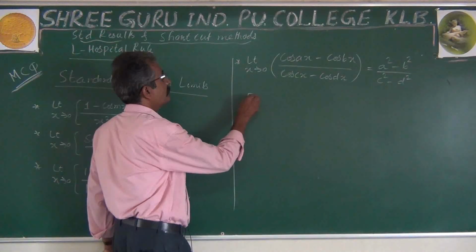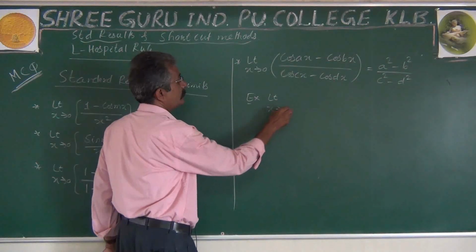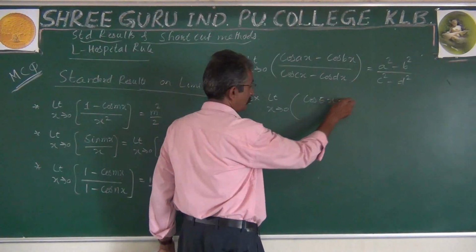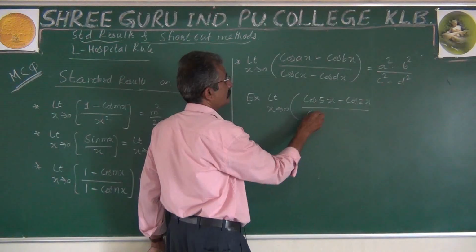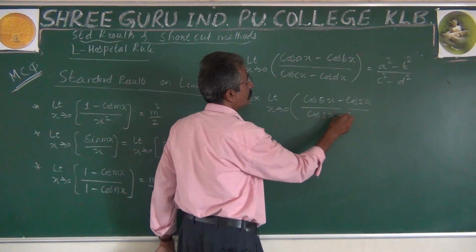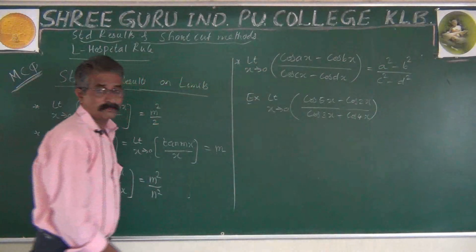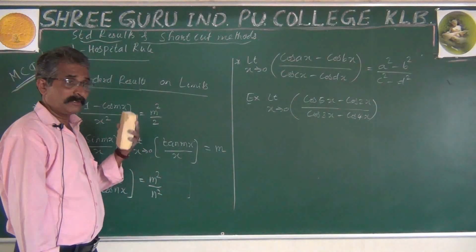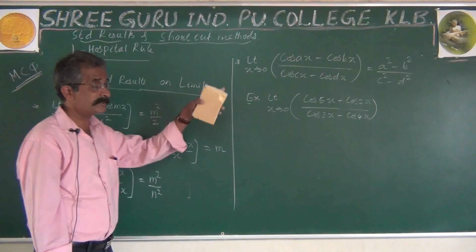For example, suppose you want to find the limit x tending to 0, cos 5x minus cos 2x divided by cos 3x minus cos 4x. One method is applying L'Hospital rule, but a better, more time saving method is this one.